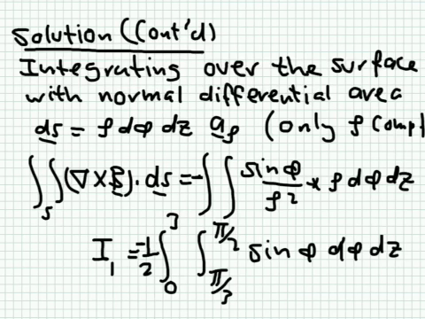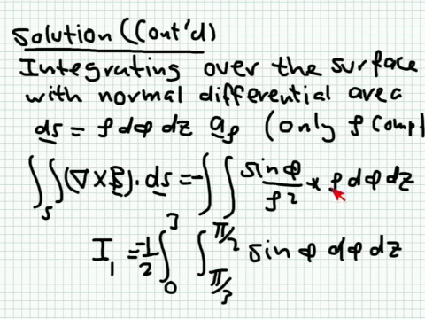So this integral will be curl dot ds. ds has only a rho component, so we only need the curl component in the rho direction, which was minus sine phi over rho squared. So now we'll be integrating minus sine phi over rho squared, times rho d phi dz, over the area of the cylinder.